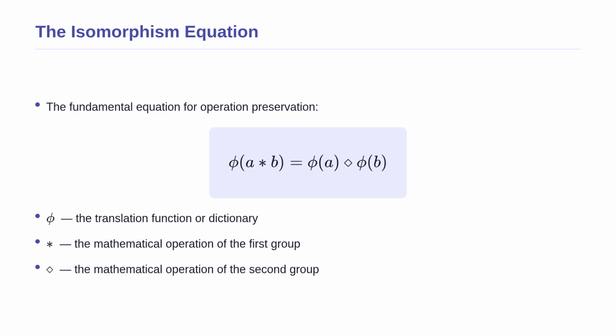The diamond symbol represents the operation of the second group, like multiplication. This equation literally says that combining A and B first and then translating the result is perfectly equal to translating A and B individually first and then combining their translations. If this holds true for every pair of elements, the structure is preserved.